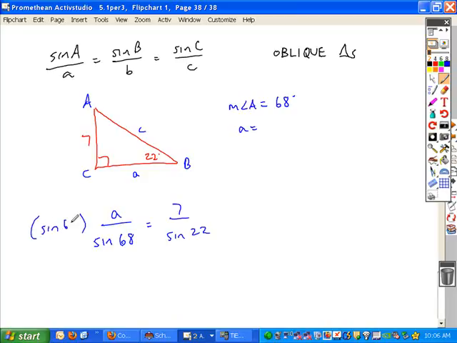Okay, so if we multiply these through, and we can calculate 7 times the sine of 68, all divided by the sine of 22, gives us a length A of about 17.3.